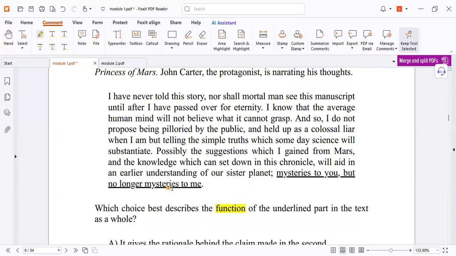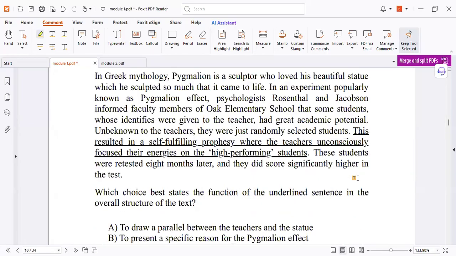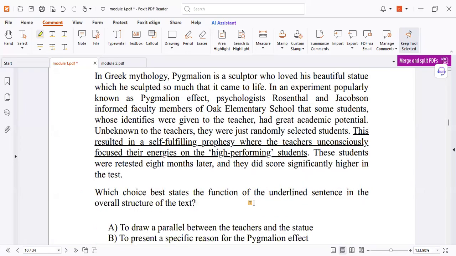The longer matters to me, that means you have hope to know something. Good. Right. Next. Okay. Next is A. Letter A. No, we need to read again. Okay.